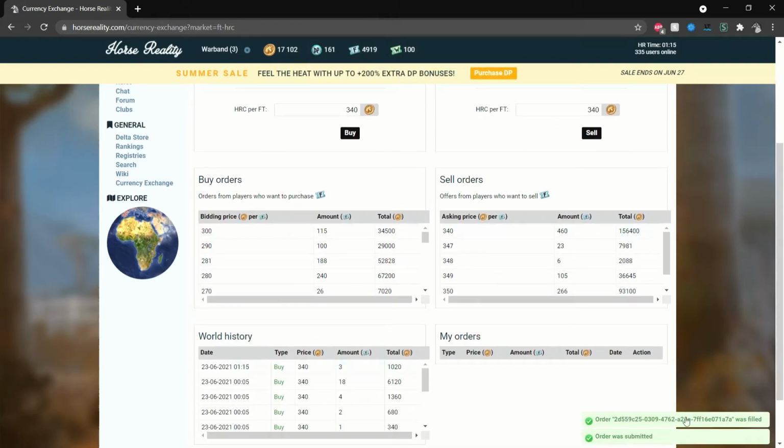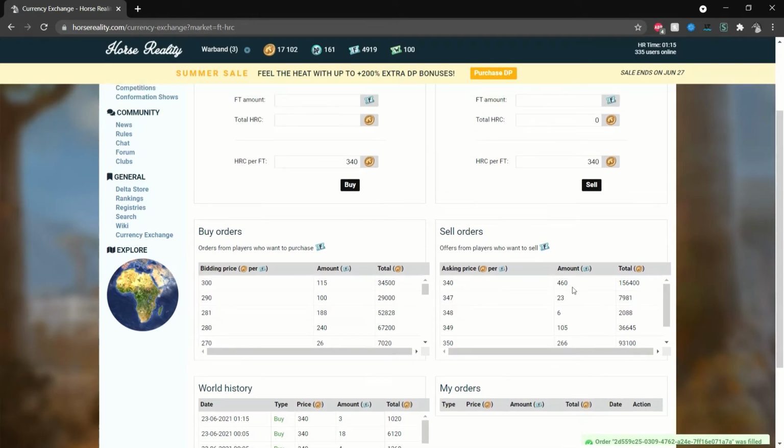My order was submitted. My order is already successfully filled. And now there's only 460 FT currently available to be bought at that price. And of course, just like the buy orders, the sell orders, as soon as somebody buys up the entire stock of that amount, it goes to the next price up.